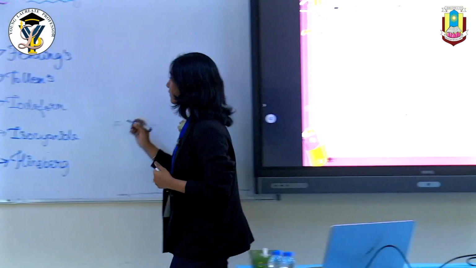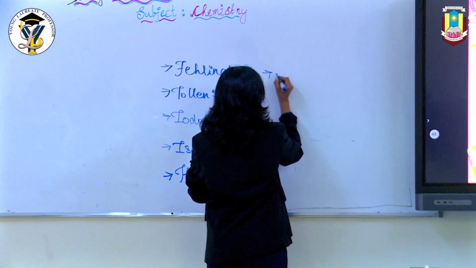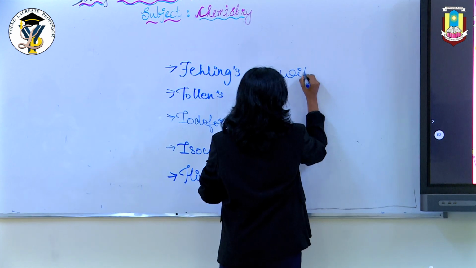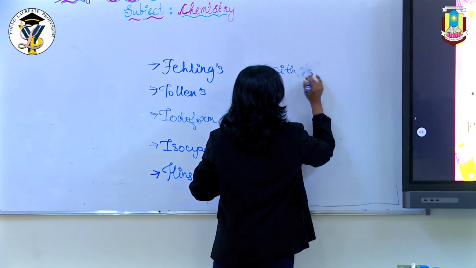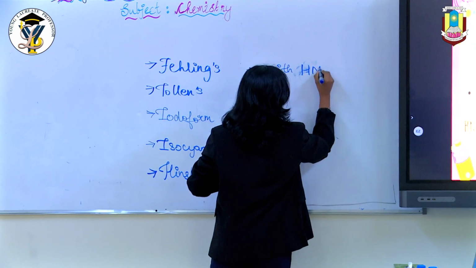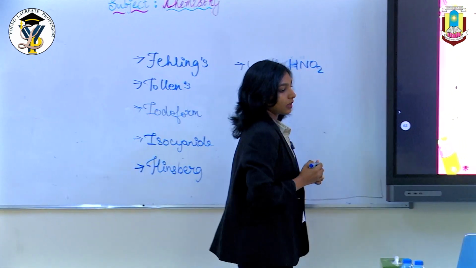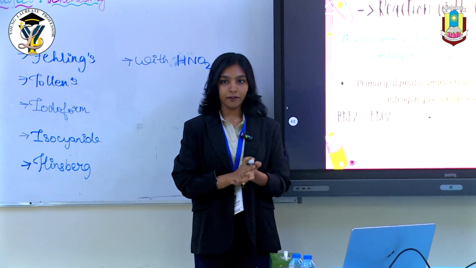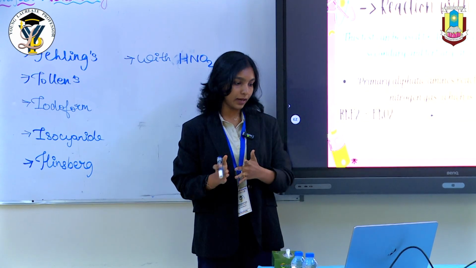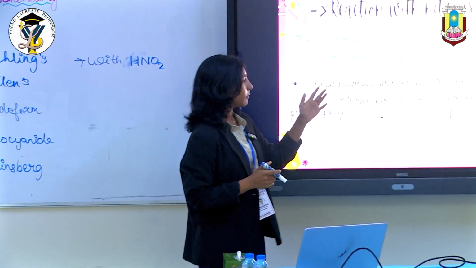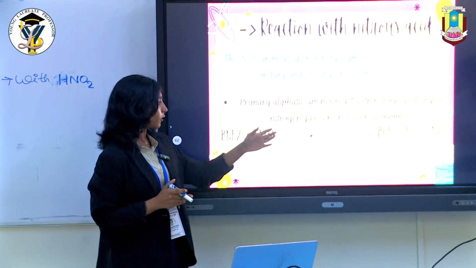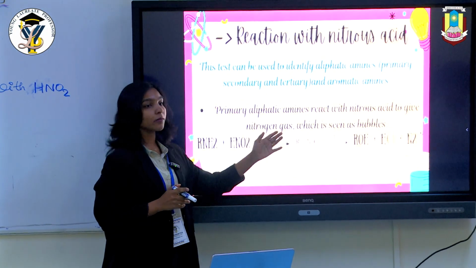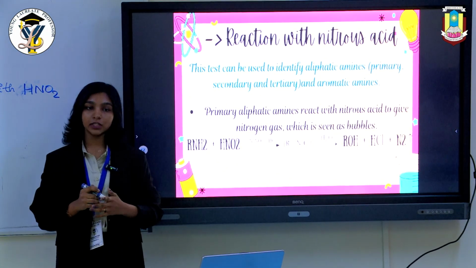Next is reactions with nitrous acid. This is used for identifying aliphatic amines and aromatic amines. When a primary aliphatic amine reacts with nitrous acid in the presence of sodium nitrite and hydrochloric acid, a diazonium chloride salt is formed, which is actually unstable.